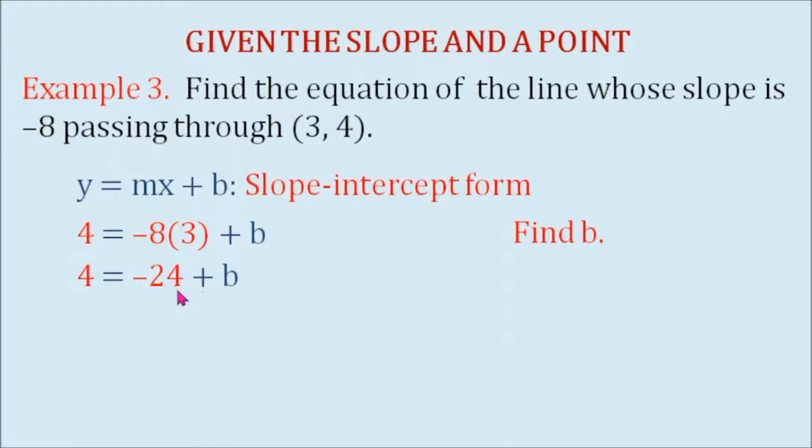Then adding 24 on both sides of the equation, b equals 28. Now, we have the slope, we have the y-intercept, so we can write the equation of the line. It's y equals the slope -8, then x plus the y-intercept 28. So this is our answer.